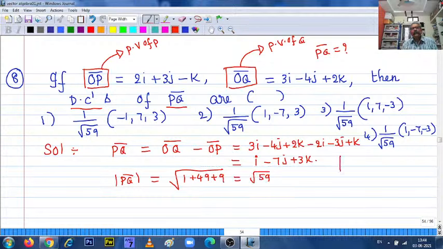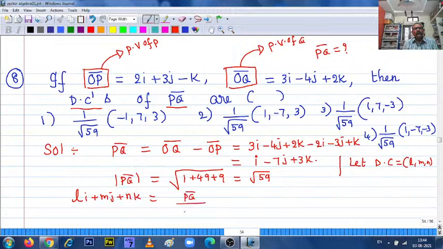So now let us say direction cosines are l, m, n. That we can write like this: li plus mj plus nk is equal to PQ bar by mod of PQ bar. i coefficient l, j coefficient m, k coefficient n. l, m, n are the direction cosines of the given vector.